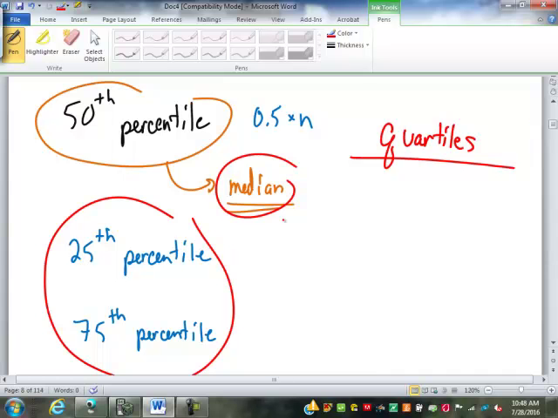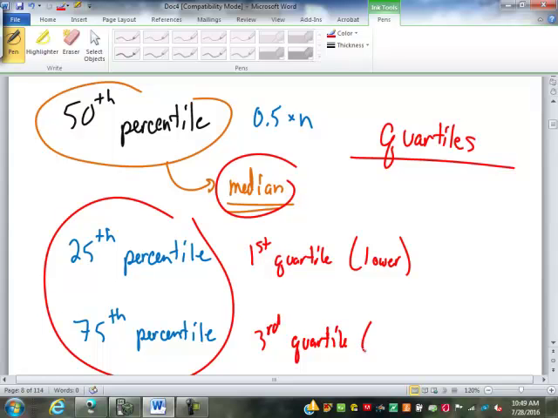So the 25th percentile is called the first quartile, or sometimes called the lower quartile. And the 75th percentile is called the third quartile, or sometimes called the upper quartile.